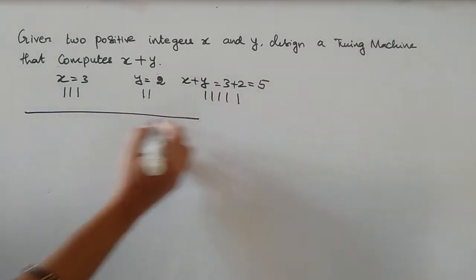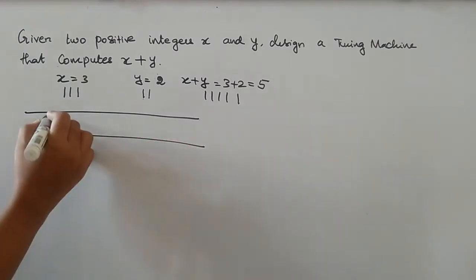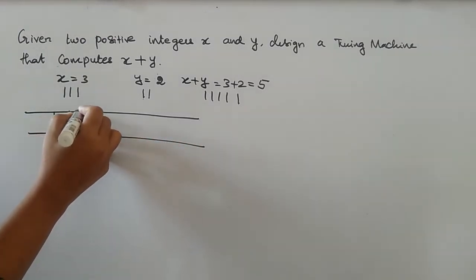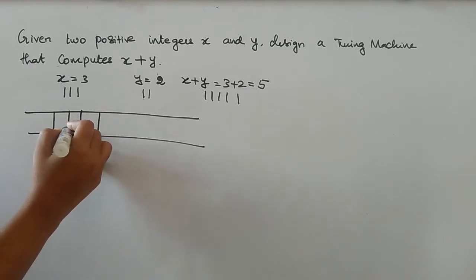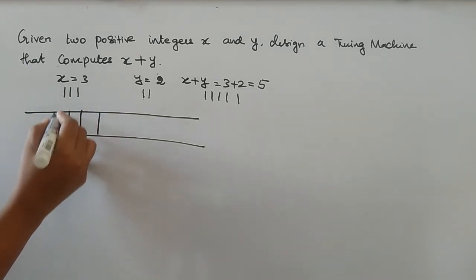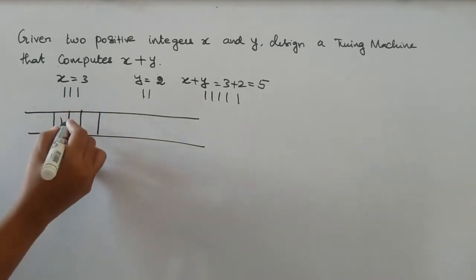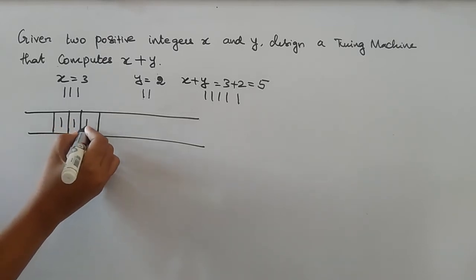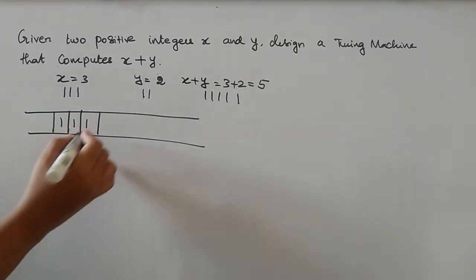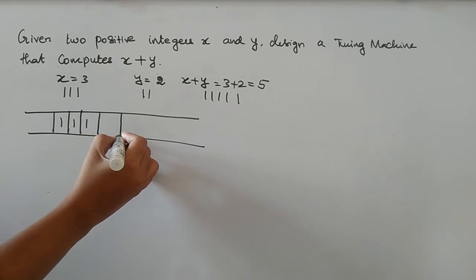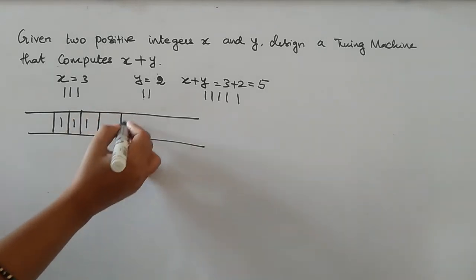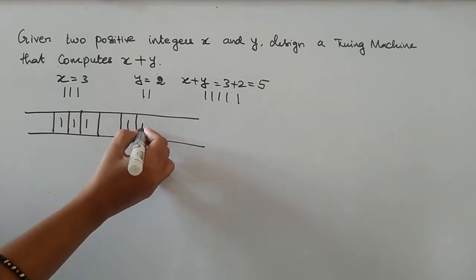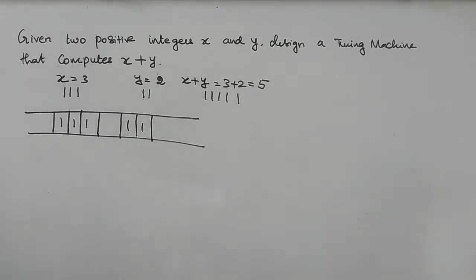At first, initially, I am going to feed the value of x and y in the tape symbols. For example, first I am including the value of x, so 111 is stored in the tape, and then I store the value of y, that means 2 ones.